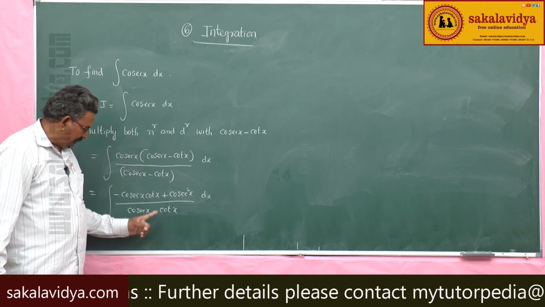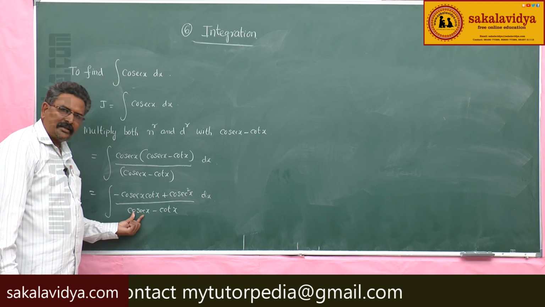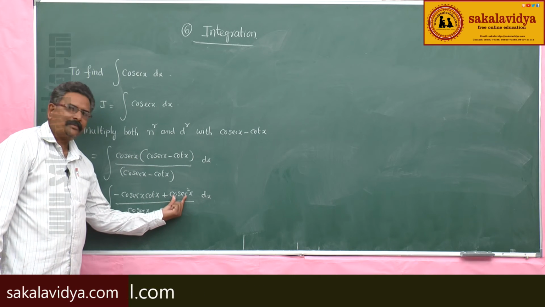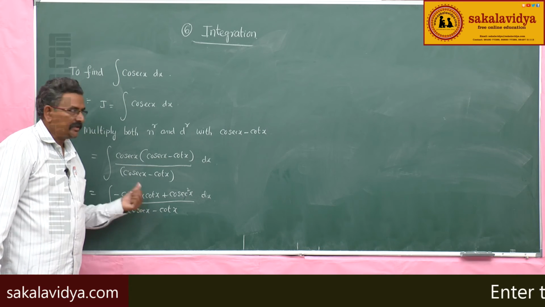Now, numerator by denominator. See the derivative of the denominator. Cosecant x derivative is minus cosecant cot x, minus cot x derivative is plus cosecant square x. Suppose this is f of x, this will be f dash x.